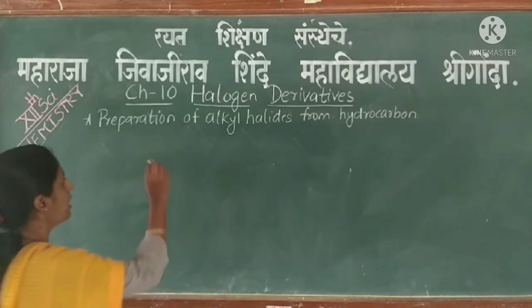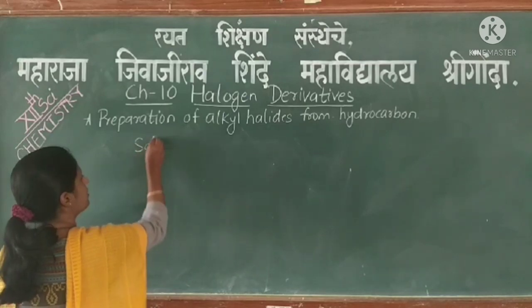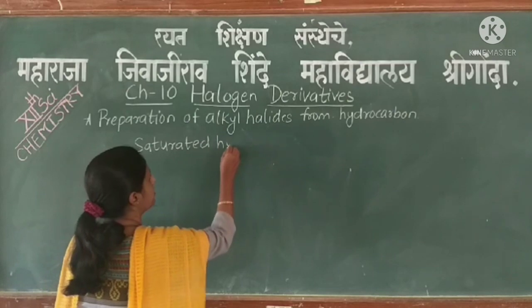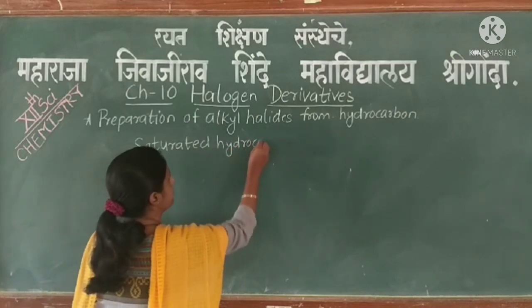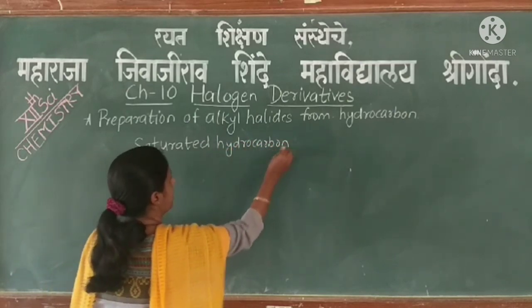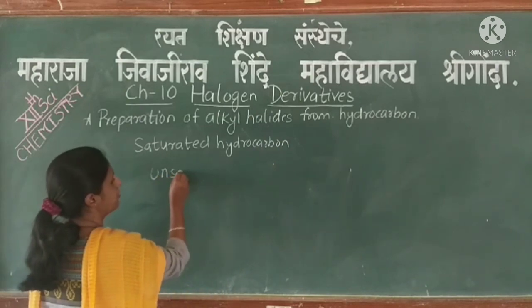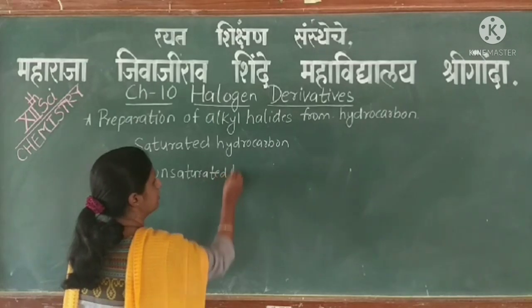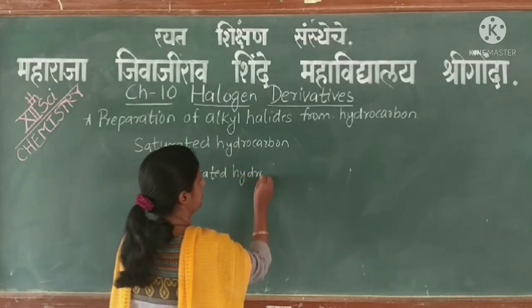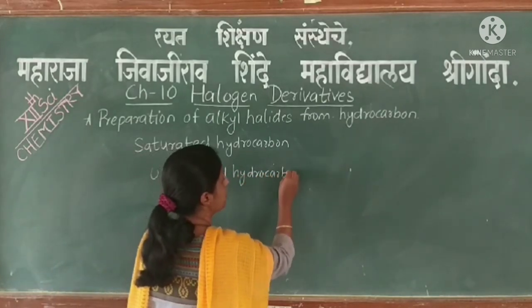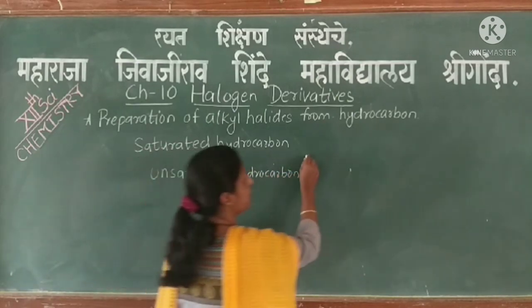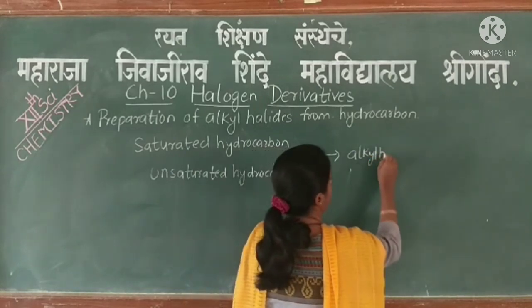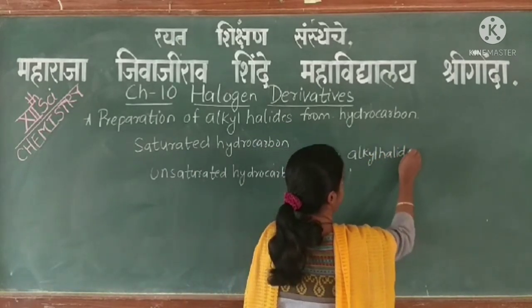Now both saturated hydrocarbon and unsaturated hydrocarbon can be used to obtain alkyl halide.